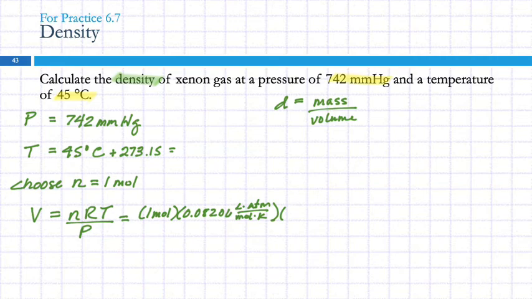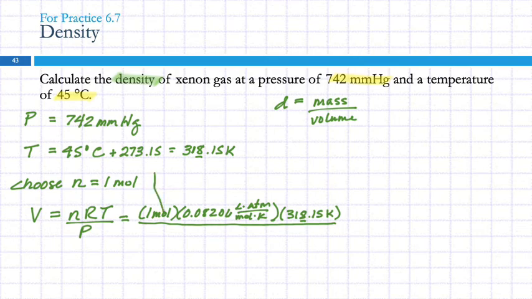45 plus 273.15. And then we're going to divide by the pressure. What unit do I need? Atmospheres. Millimeters of mercury on the bottom, atmospheres on the top.